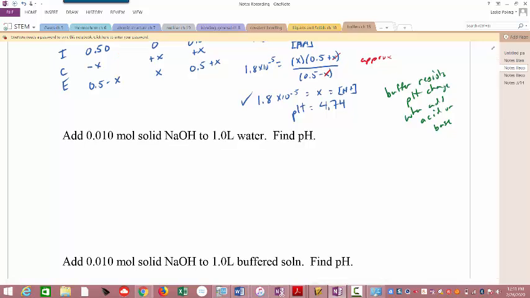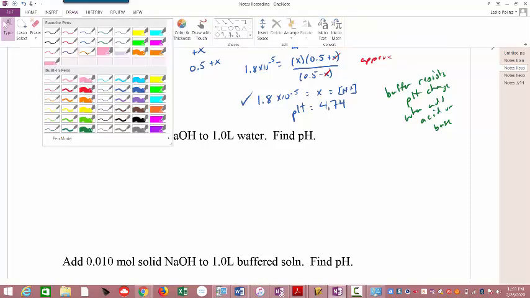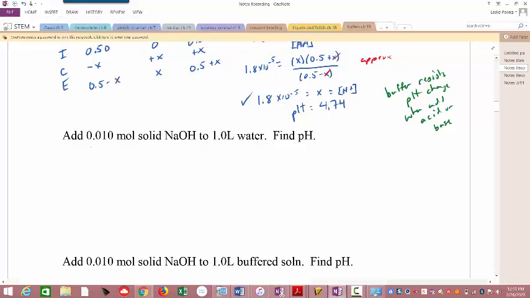So let's look at this. If we add 0.01 mole of solid NaOH to 1 liter of water, okay? So this is water, so this is not our buffer.